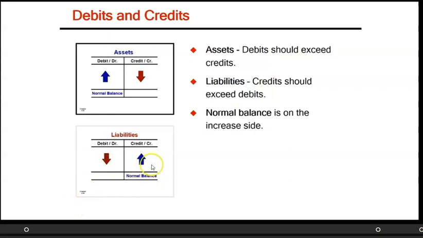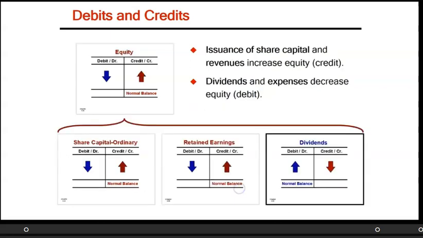So the rule is going to be that assets will increase on the left because they're on the left-hand side of the equal sign, and decrease on the right. Whereas liability and equity will increase on the right and decrease on the left. The opposite. So it's where you record these in the T accounts that makes a difference.